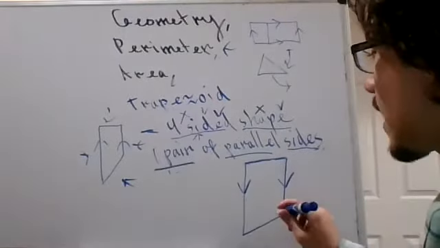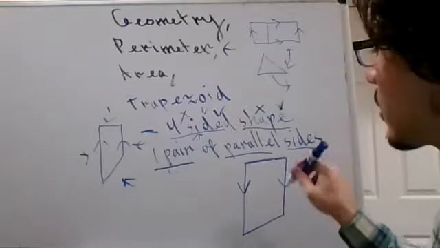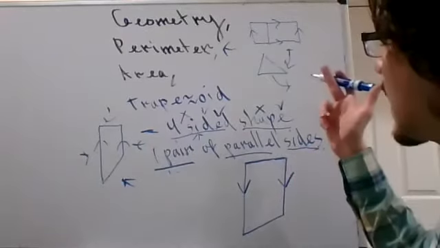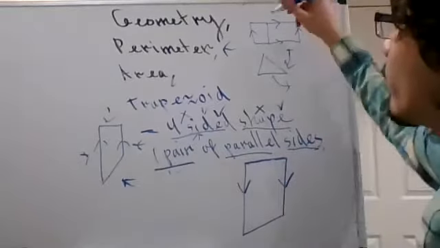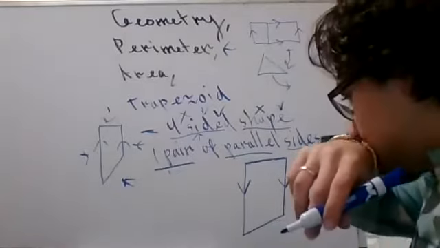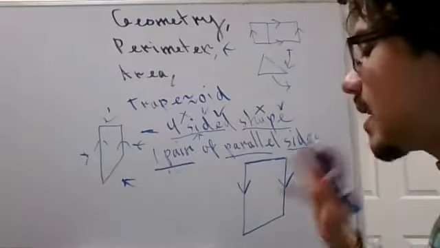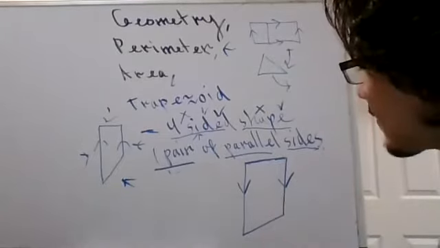So one way we can try and break this trapezoid down is we can make it into a rectangle because it has four sides. And if we make it into a rectangle, then we can break down the rectangle into triangles. That is generally how you should approach flat-sided objects.